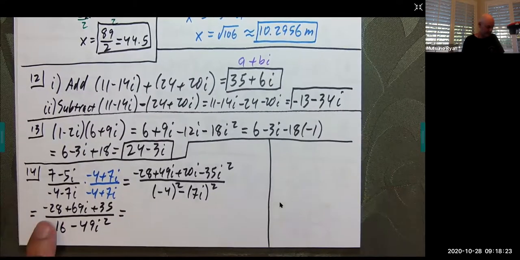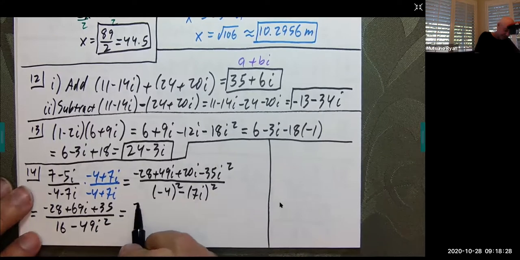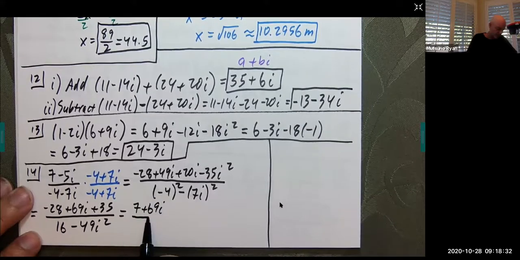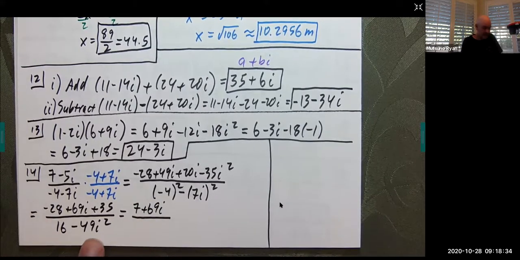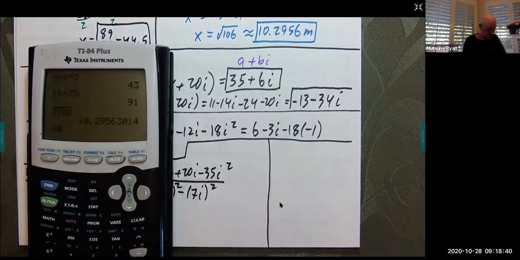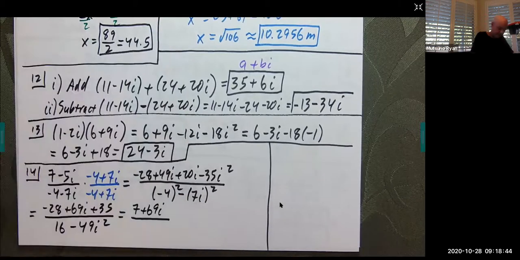Now up top, -28 and 35 is 7. And i squared is -1, remember, so that changes that to plus 49. So 16 plus 49 is 65.